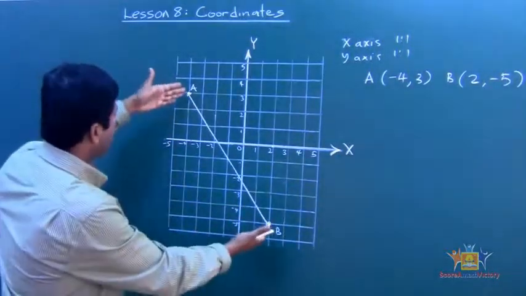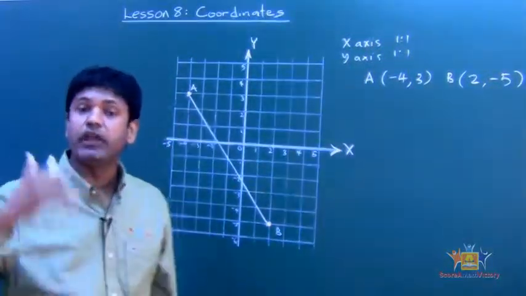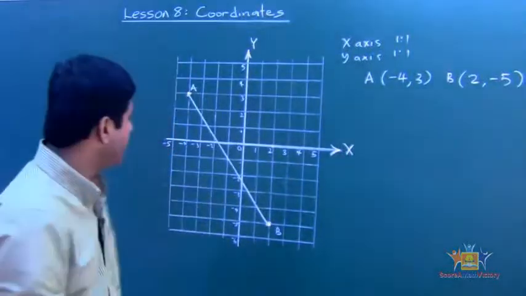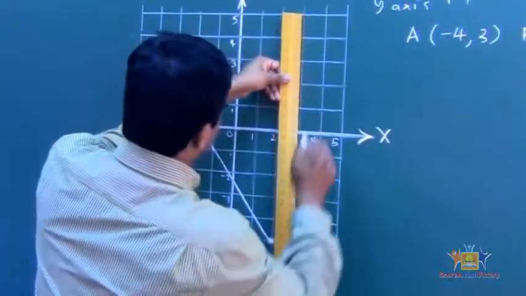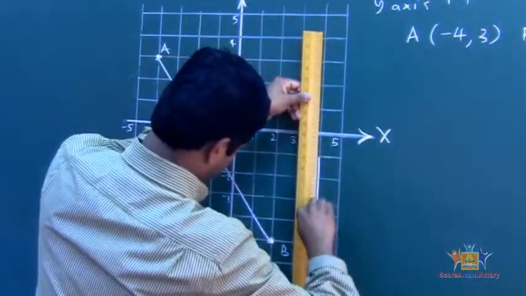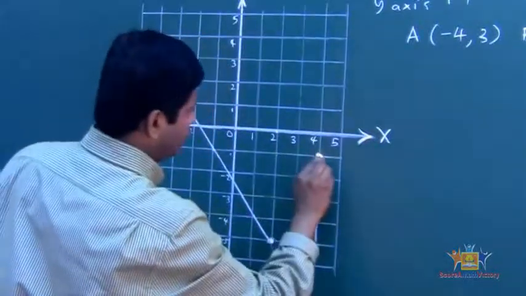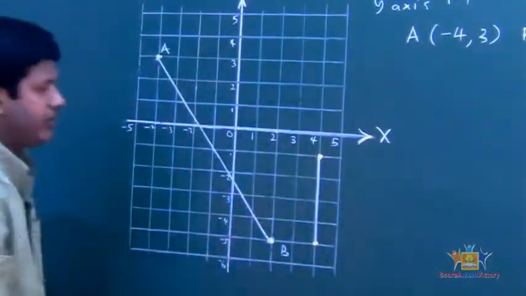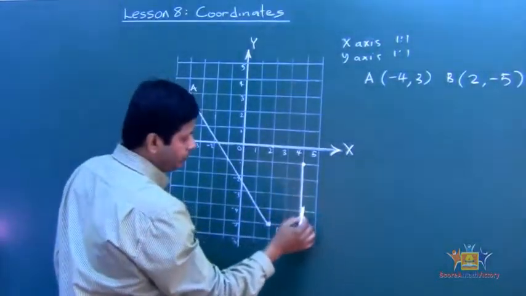Can you see there's no way for us to find the midpoint the way we did with a vertical or horizontal line? Remember, if I have a vertical line with these 2 points and I want to find the center, I count 1, 2, 3, 4.